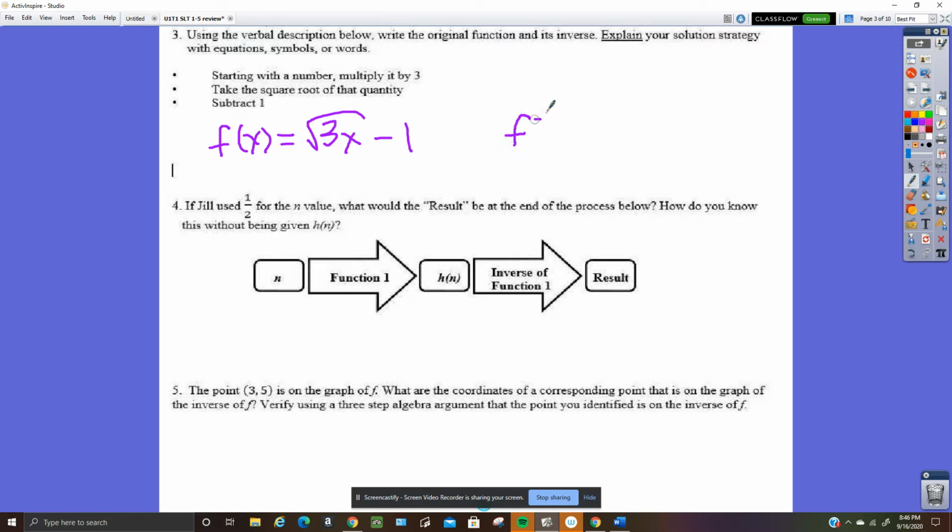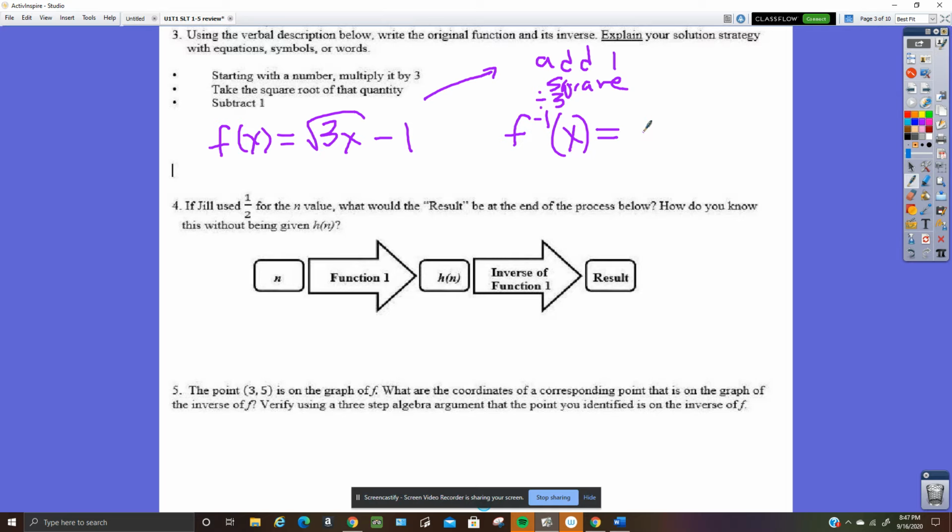So the inverse, you can use the do and undo table here. So the undo would be add 1, square, and then divide by 3.